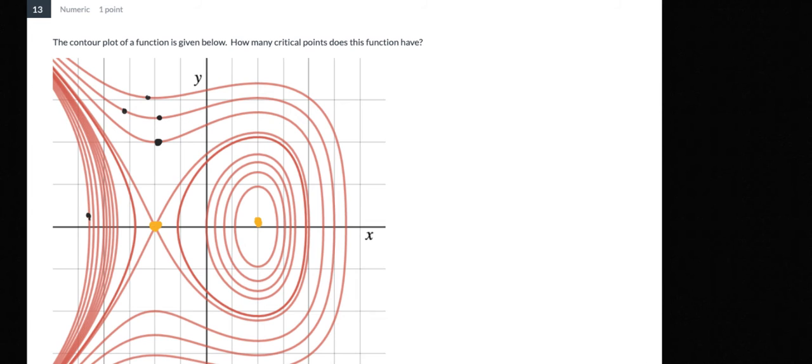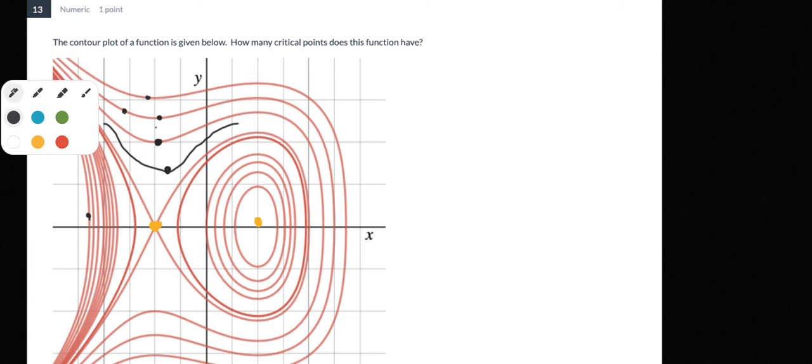And if you take a point somewhere here, for example, well, there's another level line that goes through that point like that. So if you look around each of these points and the structure of level lines around them, you will not see any difference. They all look the same locally around those points.